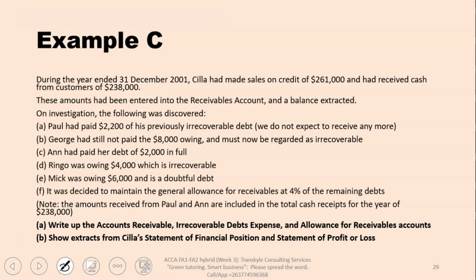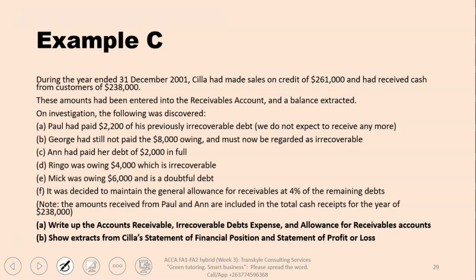Anne had paid her debt of 2,000 in full. Ringo was owing 4,000, which is recoverable. Mick was owing 6,000 and is a doubtful debt.